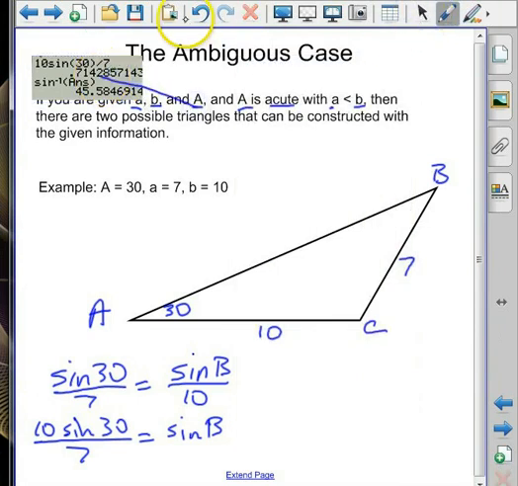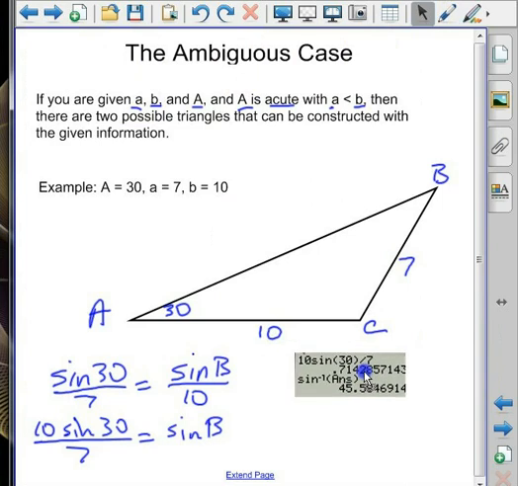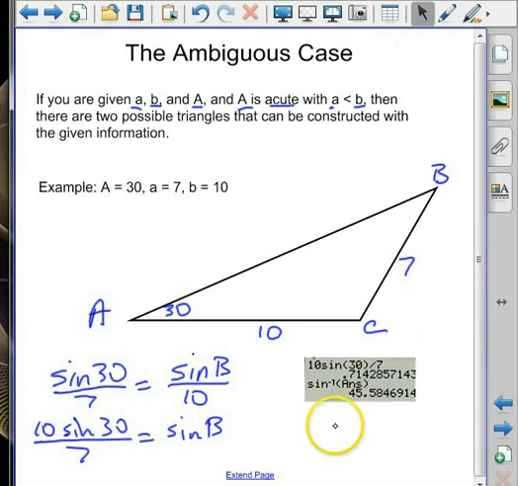Well, okay, so that's if angle B is acute. But angle B could also be obtuse because sine is positive in both the first and second quadrants.